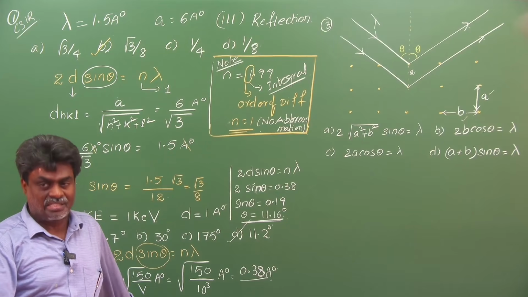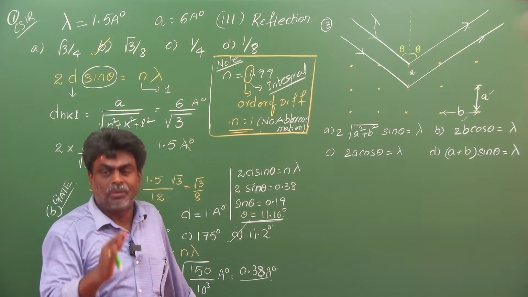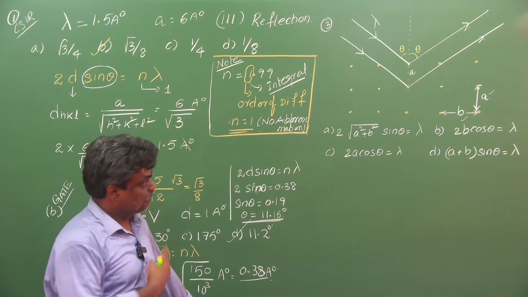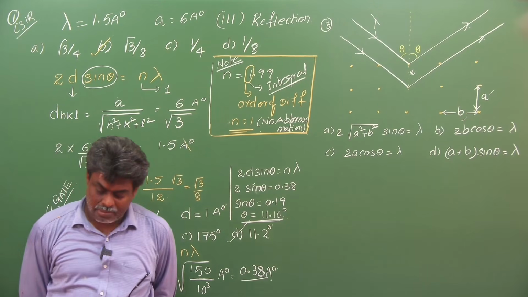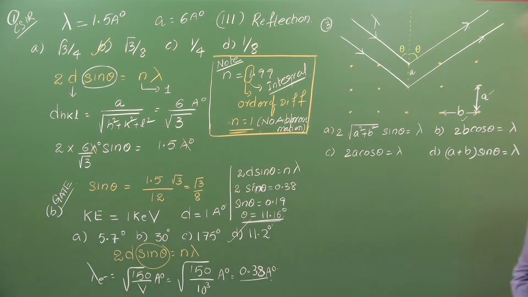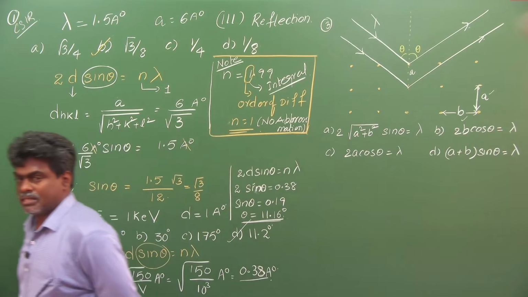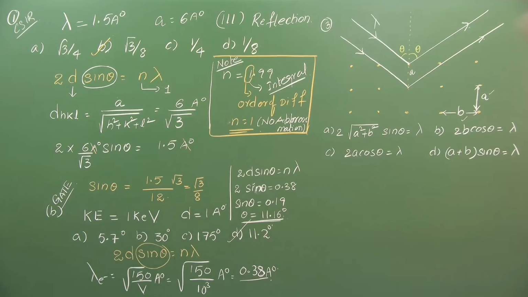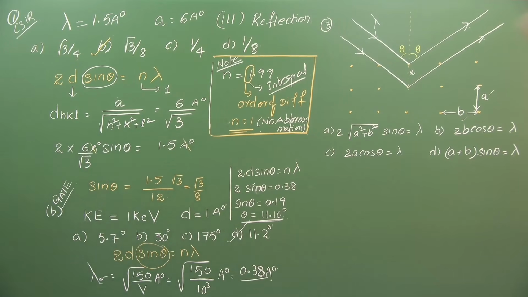Constructive interference. Constructive interference condition is what? Path difference is equal to n lambda. Is that clear? He has given lattice spacings A and B as shown in the figure, and is asking what is the condition for maximum intensity. That means constructive interference.